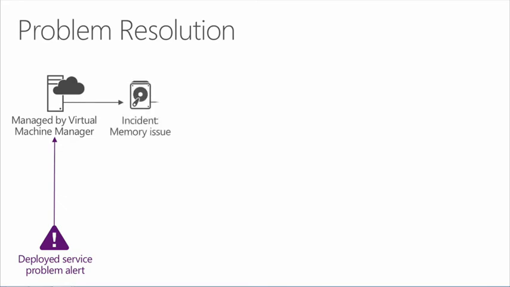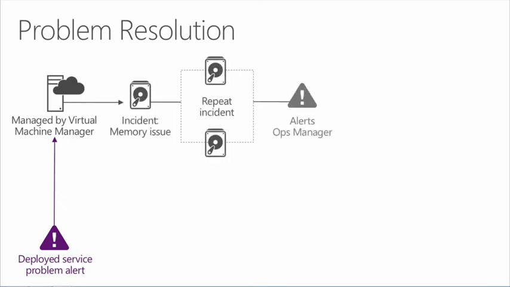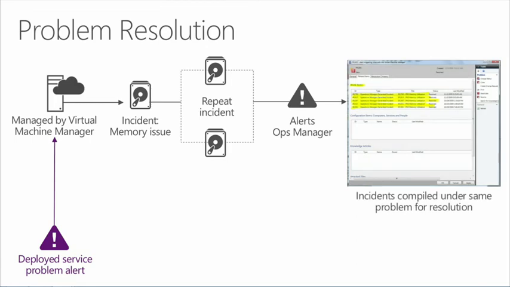Now, a problem resolution process may look as simple as this. I need to deploy a service. I've gotten a notice because I'm connected to Operations Manager through the integration that we've been talking about. I'm managing a VM within Virtual Machine Manager. That incident is related to a memory issue. I've recognized that that's a problem, and I see this incident occurs time and time again.